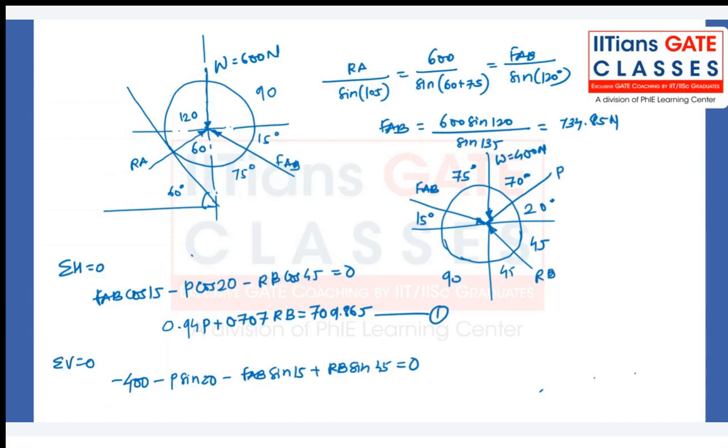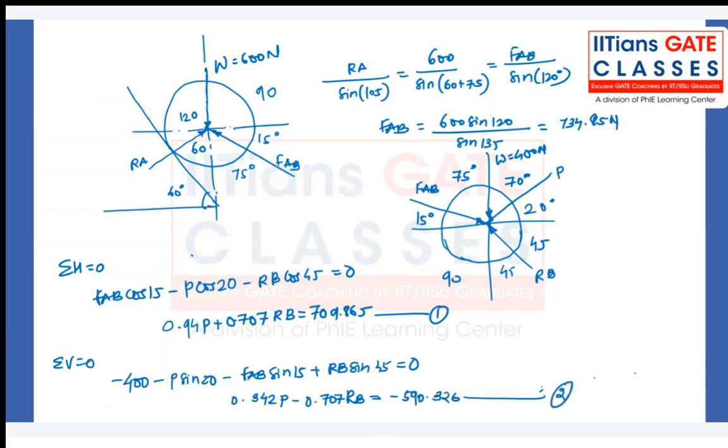And from this also you'll get a relation between P and RB: 0.342 P minus 0.707 RB equal to minus 590.326. Okay, this is equation number 2.